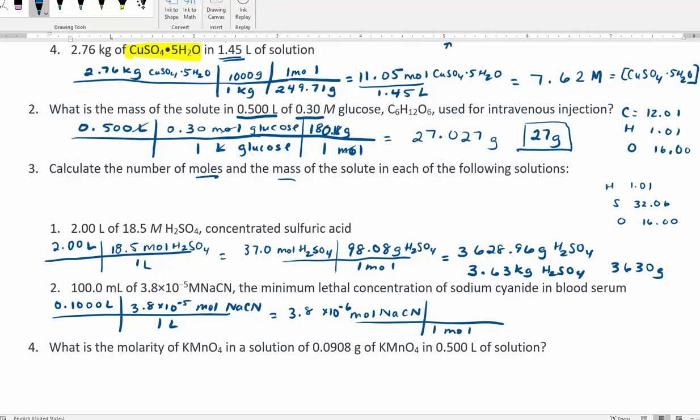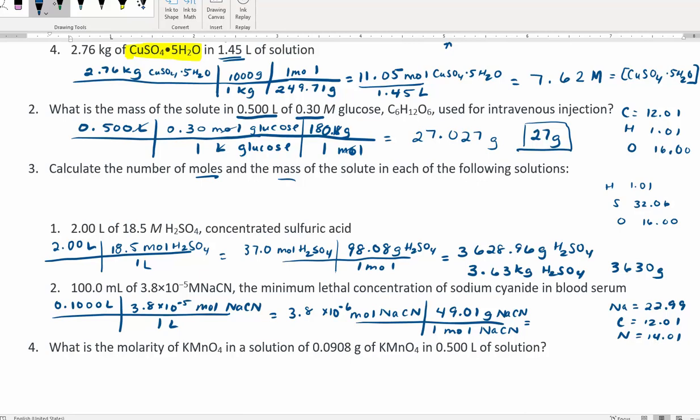The second part of the question is what is the mass? So I need the molar mass or the formula mass. So I'm going to use sodium is 22.99, carbon is 12.01, and nitrogen is 14.01. And I just add all of those together. 49.01.